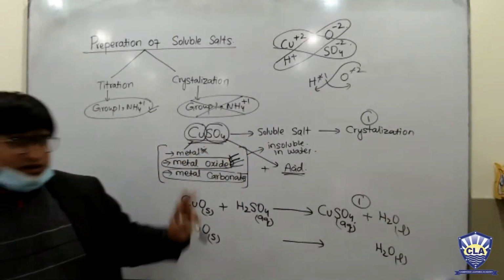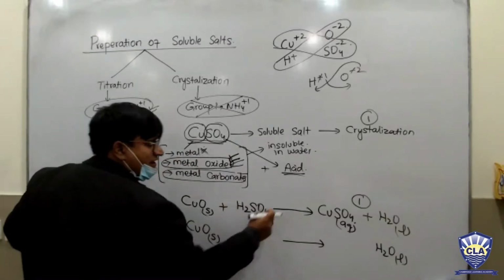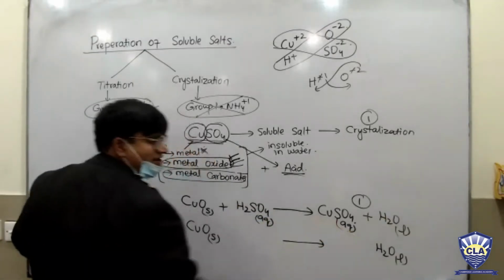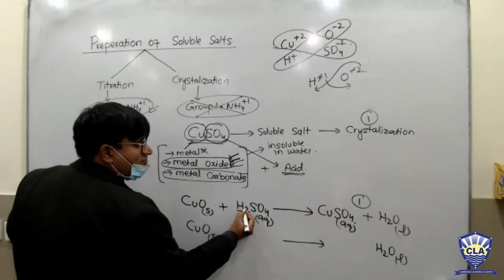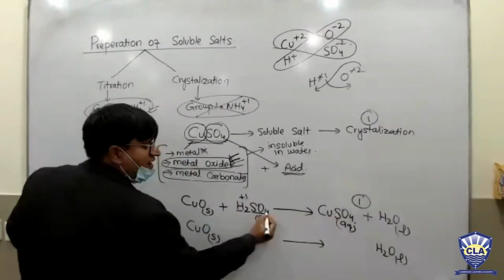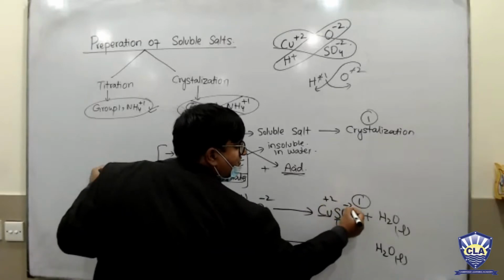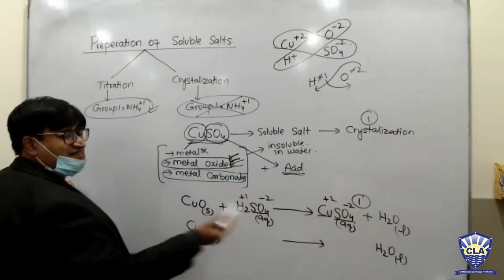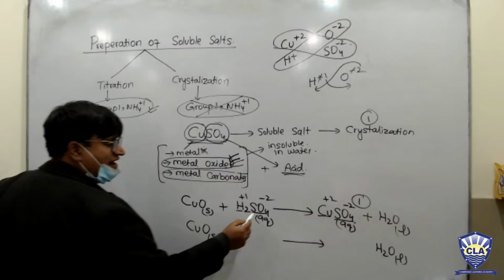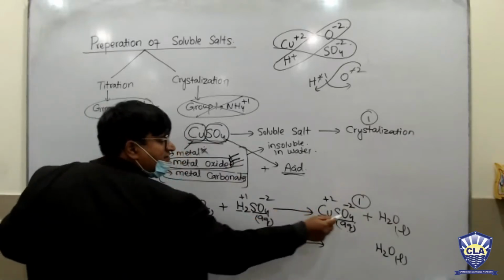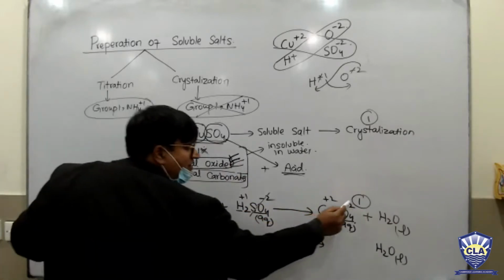You got it? Now, the things which are aqueous, this is aqueous, this is aqueous. Now make the ions of them. H +1, SO4 -2. Cu +2, SO4 -2. Now cut the same ions which are present on both sides. Sulfate is present up here, sulfate is present up here. This one would be cut.